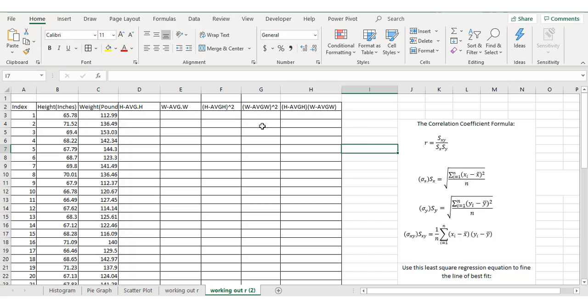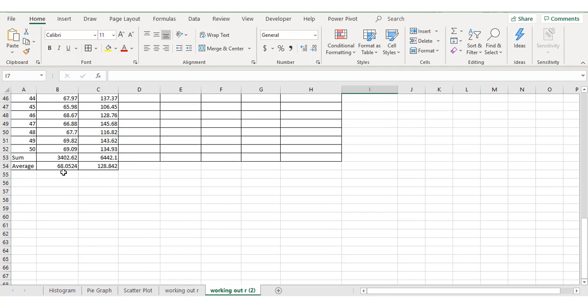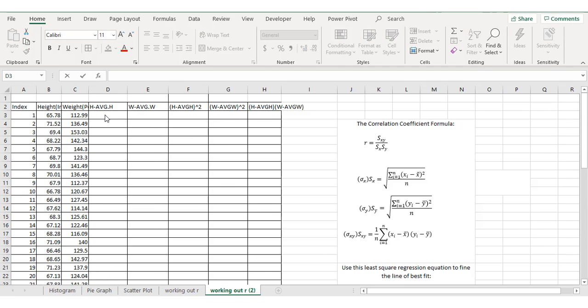We will set up the columns like this. We know the average height is 68.0524. So we will double click this cell, put the equal sign. You've got to use this minus 68.0524.